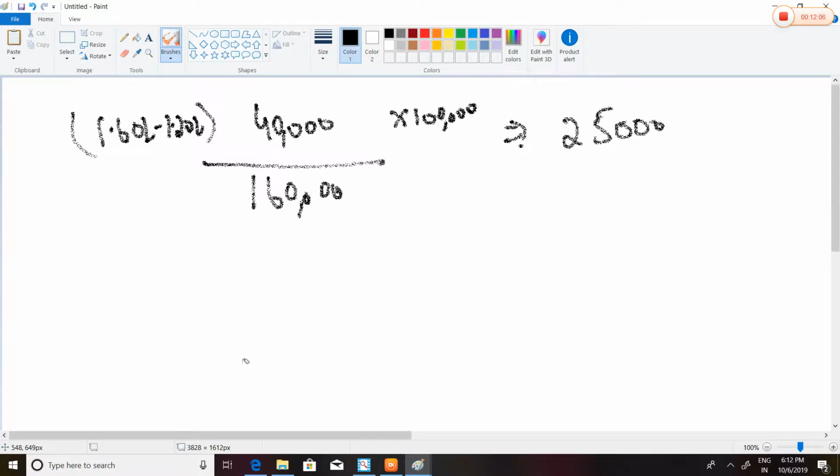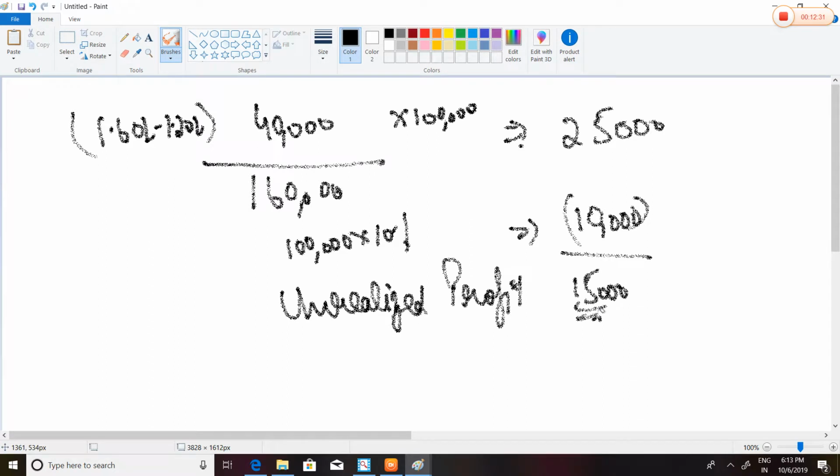Inventory 1 lakh into 10% will be subtracted from here, and you have to subtract it from both reserves and surplus and the stock. Okay, I hope you got it.